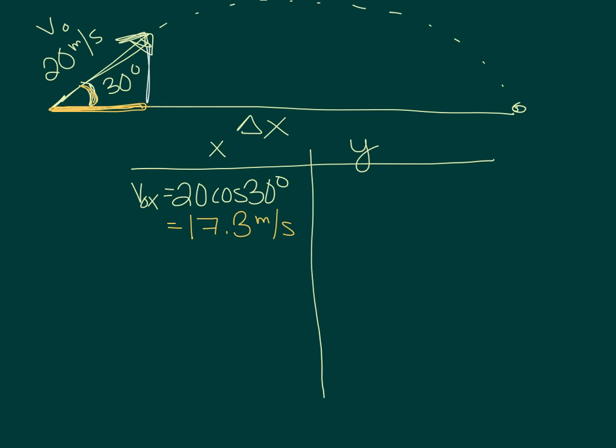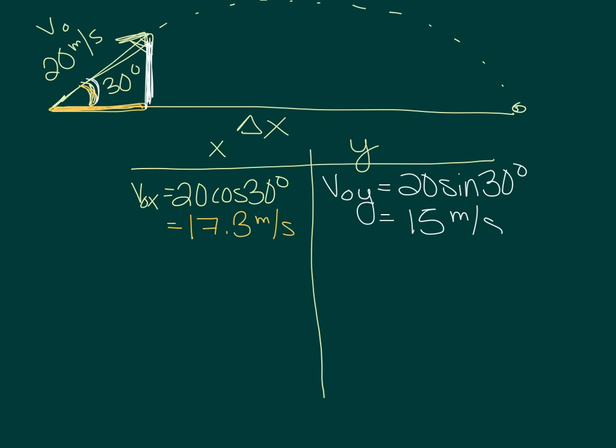For my y direction, that's this up-down side, my initial velocity is 20 sine 30 degrees because this side is opposite of the angle of 30 degrees. So I get 15 meters per second.